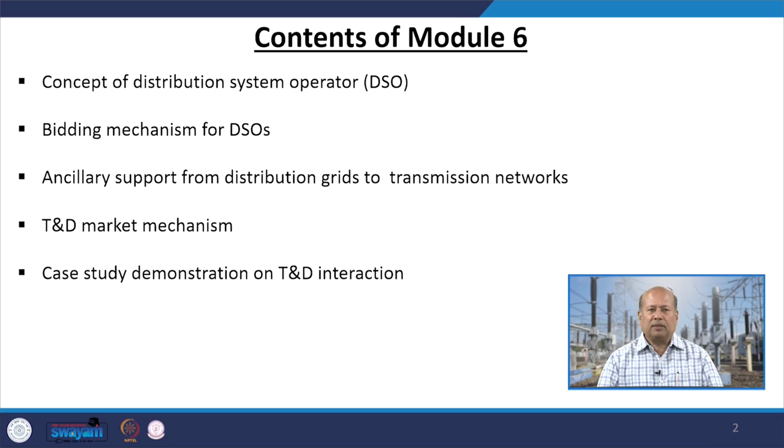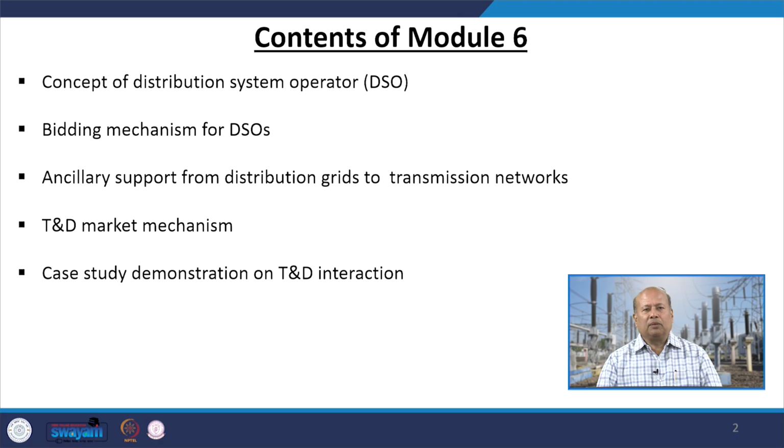So today we'll also come to know how the DSO and TSO interact for the benefit of the overall efficiency of the power market. We'll be talking about the concept of distribution system operator, DSOs.